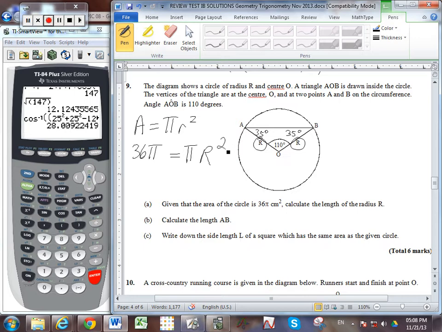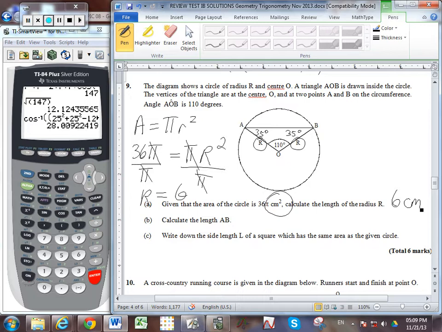So I'm trying to solve for that capital R. Let's divide both sides by pi, and they will thankfully cancel. This means that r squared is equal to 36, and so r is equal to 6. And so let's just put it into centimeters. Because our area was centimeters squared, the length of the radius r must be 6 centimeters because it's a length.